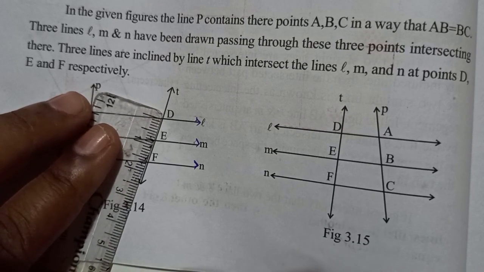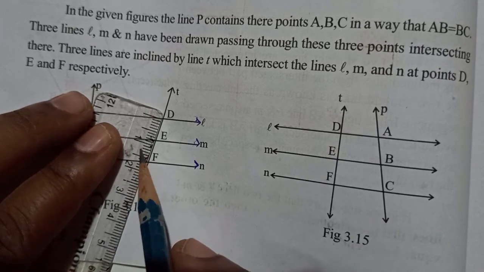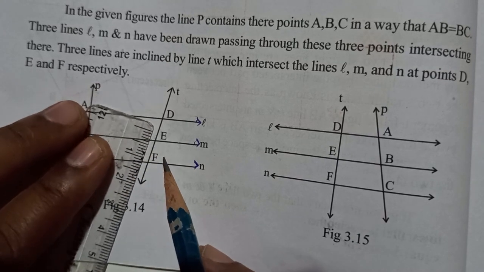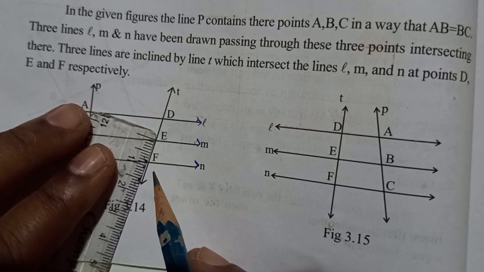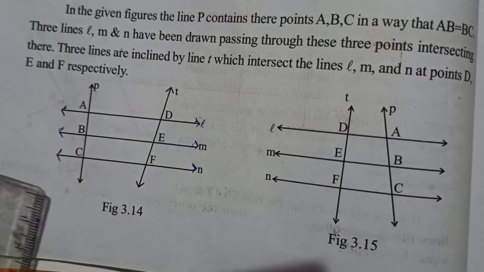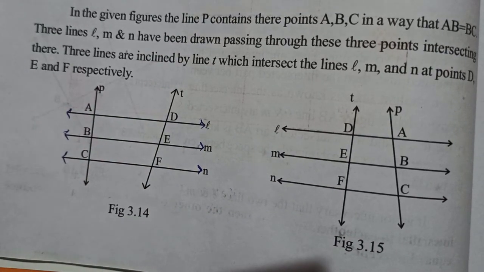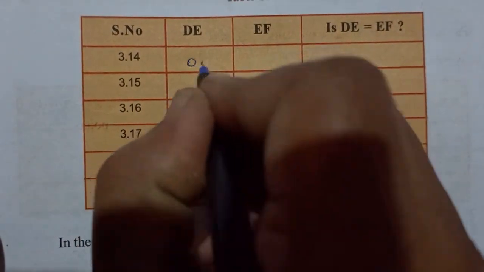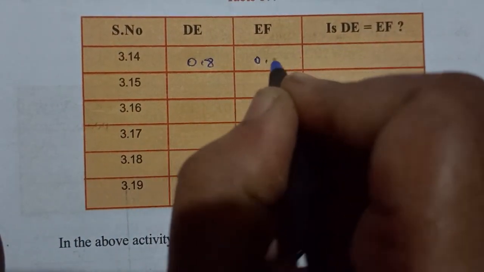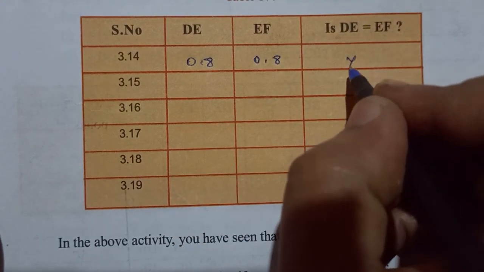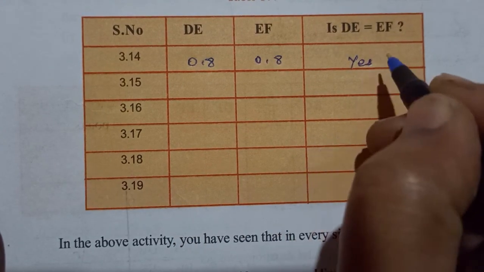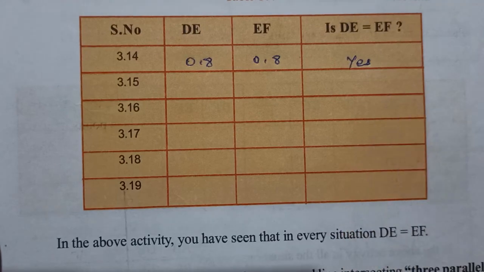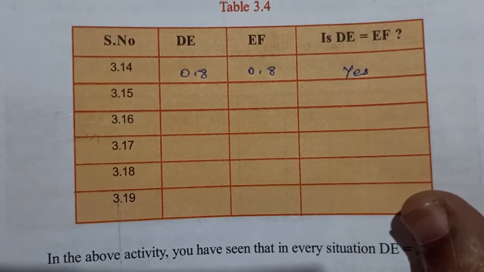The length of DE is 0.8 and the length of EF is also 0.8. Is DE equal to EF? Yes, DE is equal to EF.